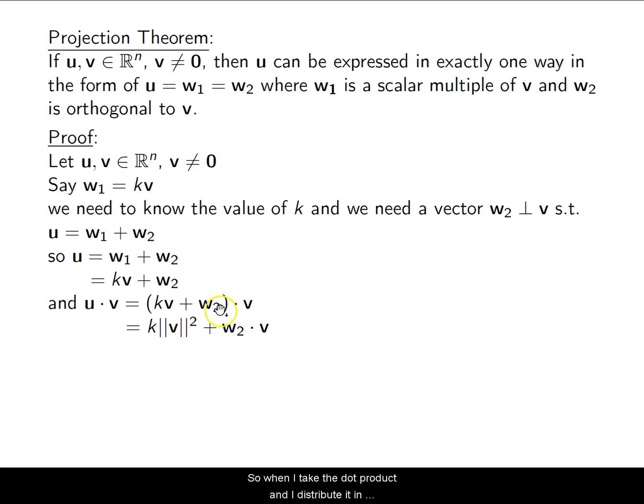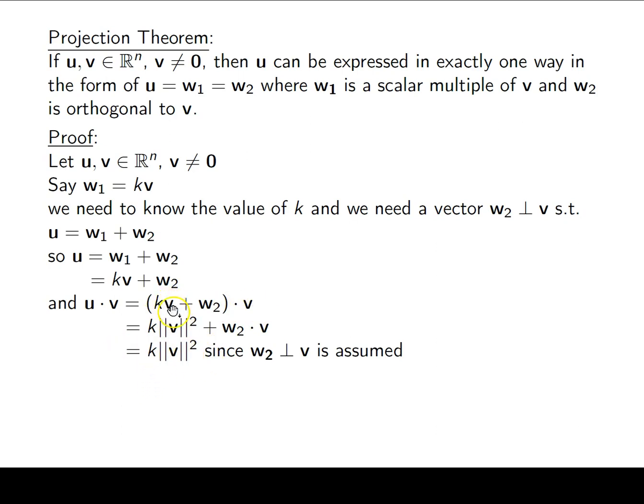So when I take the dot product and I distribute it in, I'm going to have K times V dot V, or the norm squared of V, plus W2 dot product with V. But I know that this is supposed to be 0, right? So then I get K times the norm of V squared, because if I have a constant times a dot product, I just pull out the constant. The dot product of something with itself, as long as it's non-zero, is the norm squared.